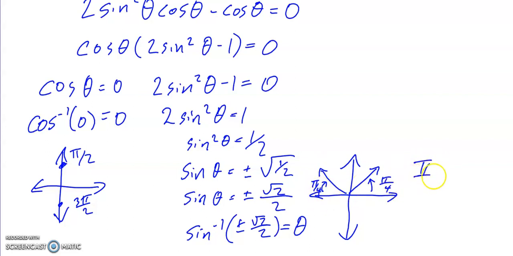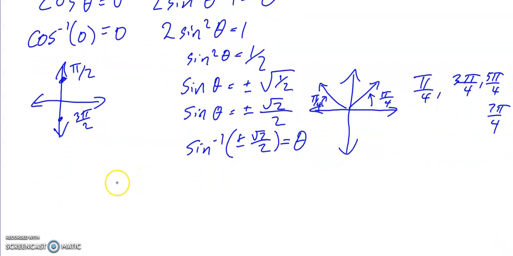So that's going to be pi over 4, 3 pi over 4, 5 pi over 4, and then this one is going to be 7 pi over 4. Wow, lots of answers.